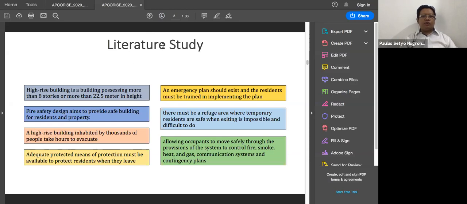Hence, adequate means of protection must be available to protect residents when they leave. An emergency plan should exist, and residents must be trained in implementing the plan. In addition, there must be a refuge area where residents are temporarily safe when exiting is impossible or difficult to do.